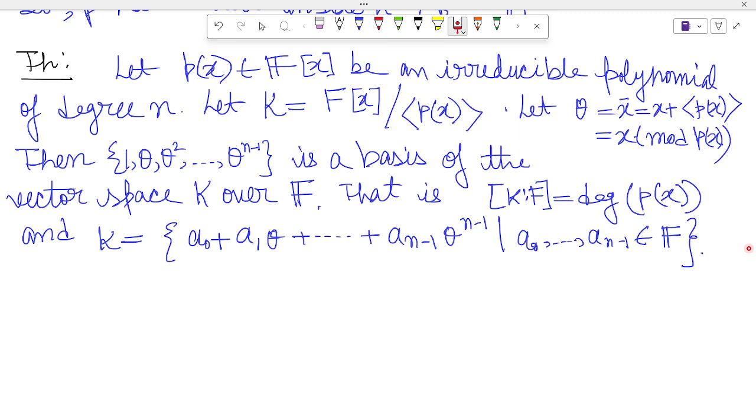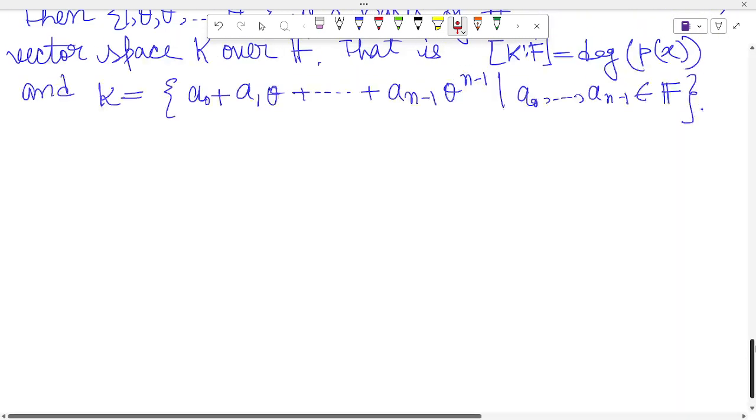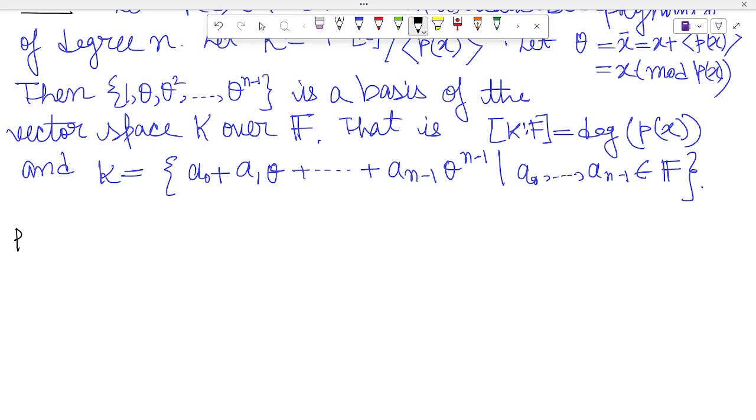Okay. So let me proceed. So first, I will show what a thing in the quotient ring K, I mean K is F[x] modulo p(x), will look like.